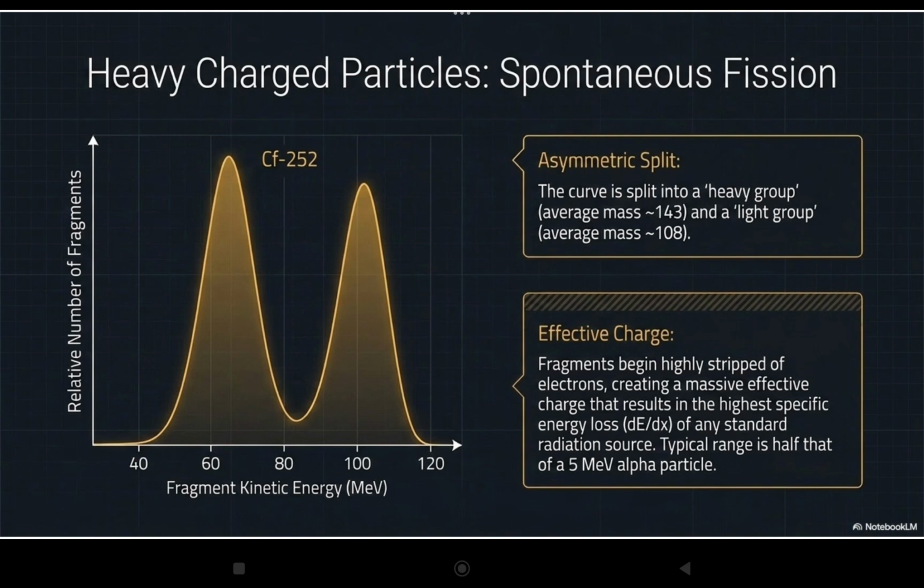These fragments start out highly charged, which gives them an enormous stopping power and a very short range in matter. That is why spontaneous fission fragments represent some of the most strongly ionizing particles in standard radiation sources, even though their practical range is quite limited.